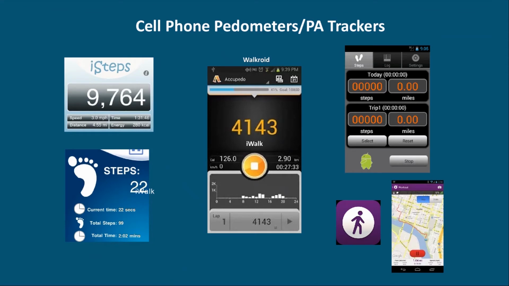Let's talk a moment about cell phone pedometers and steppers that are in the chips in the cell phones. And it's interesting because most cell phones use almost identical chips now for this.